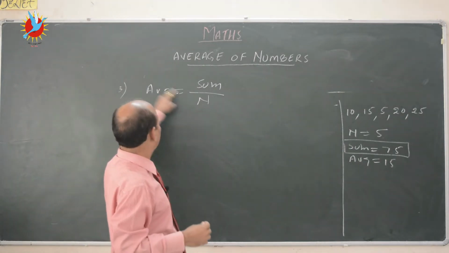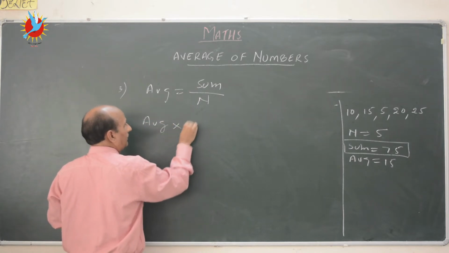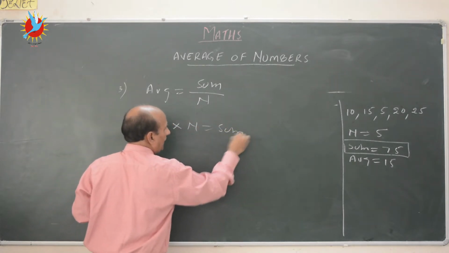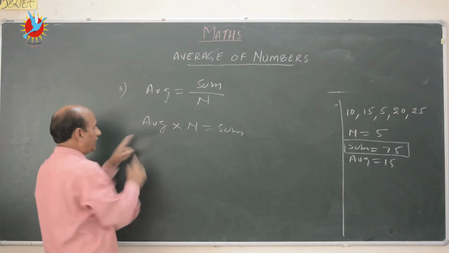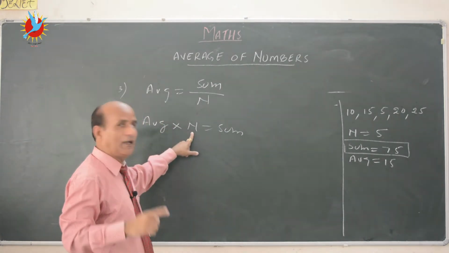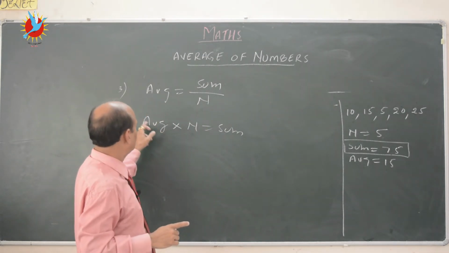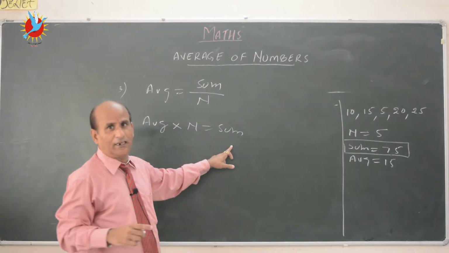First shift this, you will get average multiplied by n is equal to sum. Now here average is multiplied and you have to find the value of n. So divide this, here it is multiplied, so when it comes in the right hand side it is divided.